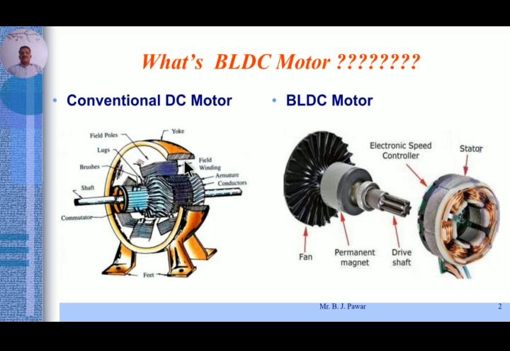Another type of DC motor we also discussed in the previous lecture is the permanent magnet type. How does that permanent magnet DC motor differ from the conventional, separately excited DC? In the permanent magnet motor, there is no field winding. Inside the yoke there are permanent magnets stuck to it.